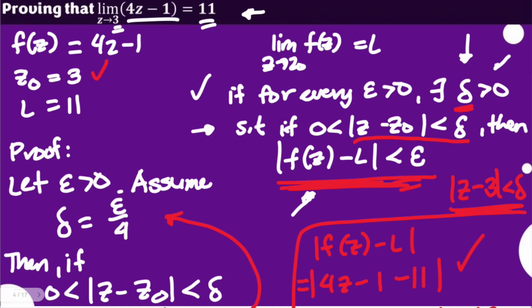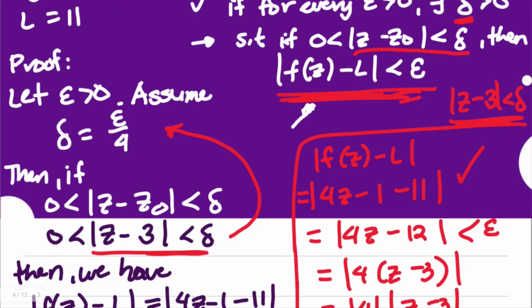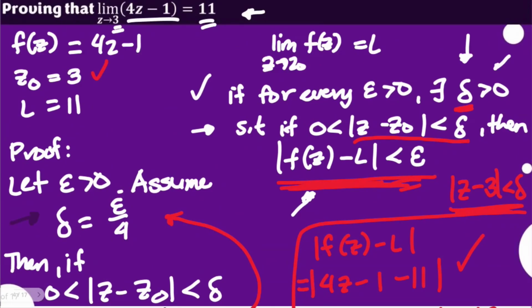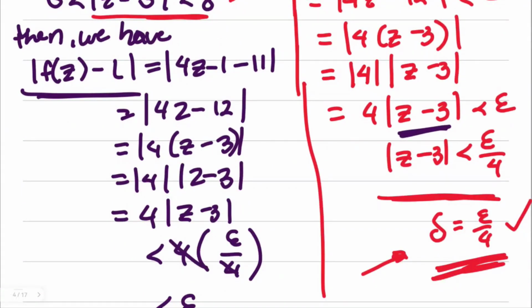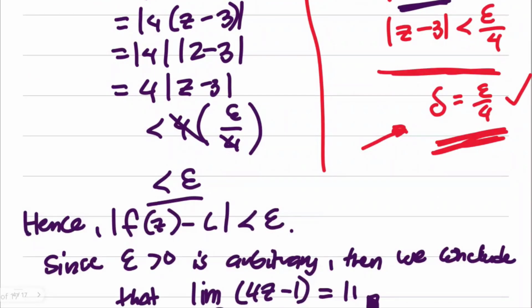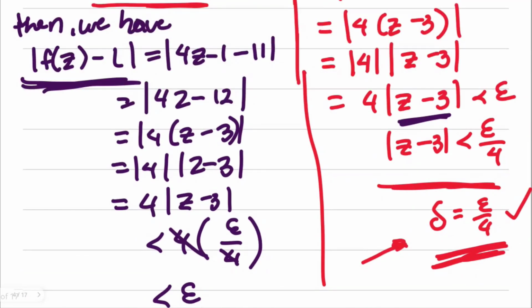For some references, they do direct proof. It's okay as long as you can show this value to exist. That's the entire premise: just show that there exists a certain delta greater than 0. In this case, epsilon over 4, and since epsilon is greater than 0, obviously delta is also greater than 0. You just need to show that this is less than epsilon following this representation.